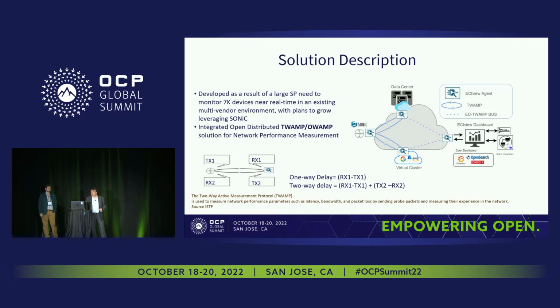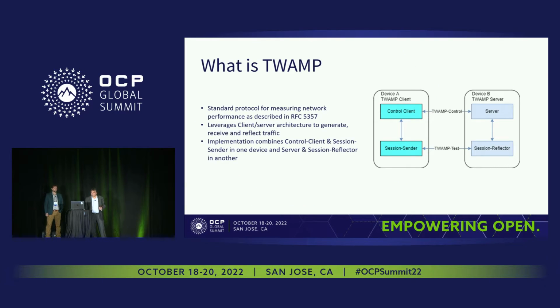And the idea behind TWAMP itself is to provide the ability to do two-way delay, round trip time, including latency and packet loss and jitter. So what is TWAMP? I'm not sure if you're familiar with it, but high level, it's a standard protocol that's out there, built on RFC 5357, leverages client-server architecture.